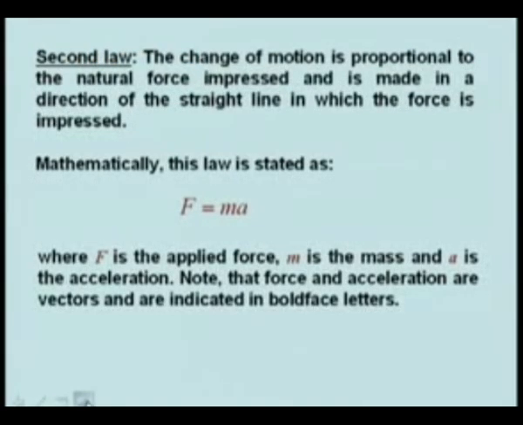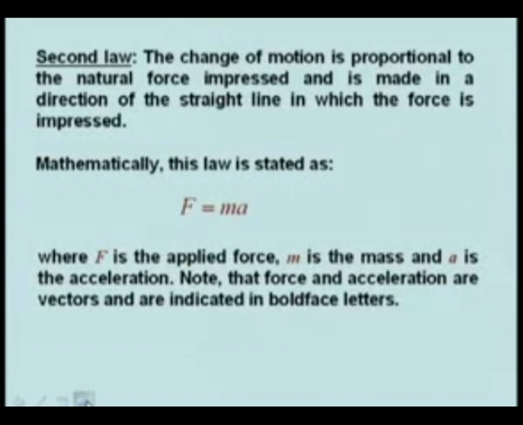Then the second law: the change of motion is proportional to the natural force impressed, and is in the direction of the straight line in which the force is impressed. Here this force is the external force acting on the body.